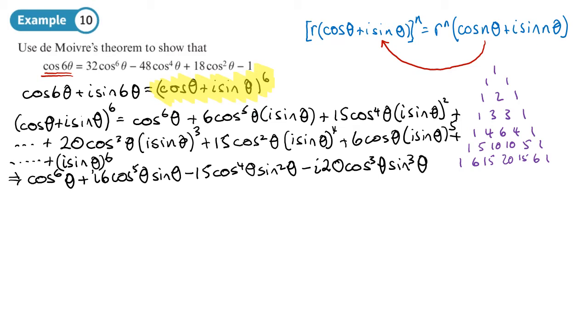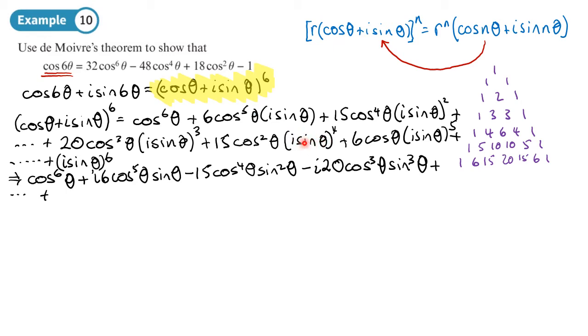So I see that this term is imaginary, and maybe you begin to see the pattern. Real term, imaginary term, real term, imaginary term. So I am expecting the next term to be a real term, and that's when I have this term here. When I expand those brackets, that's going to be i to the power 4 sin to the power 4.